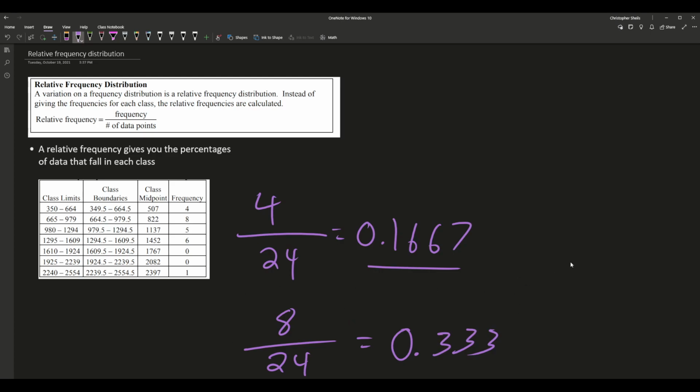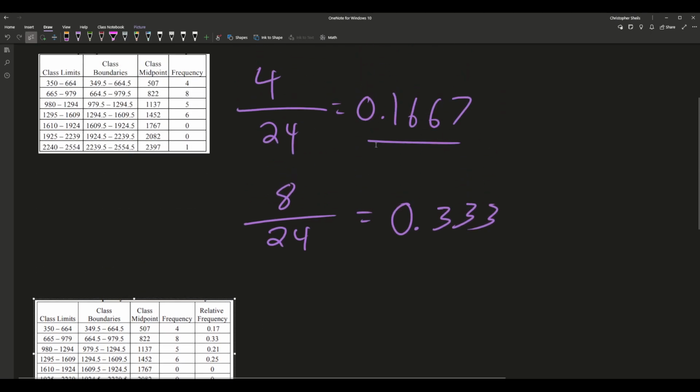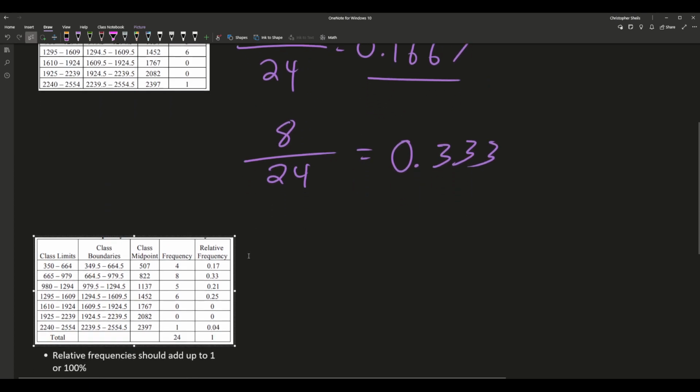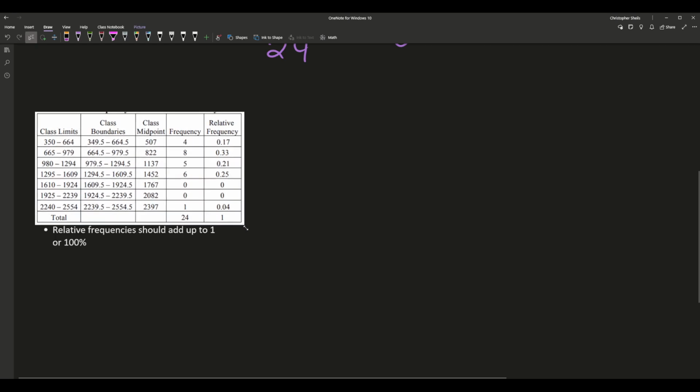And we continue on for each of our classes until we get a table that looks like this. Here we rounded off this first one to just 0.17 instead of 0.1667. So here we have all of the relative frequencies listed next to the frequencies in this table.